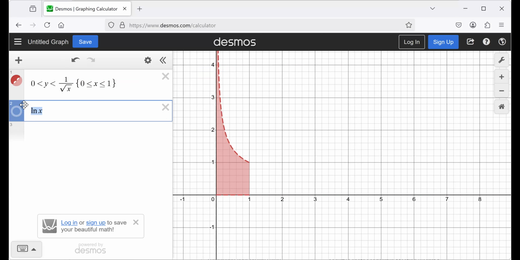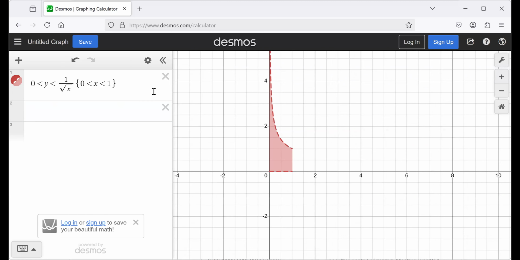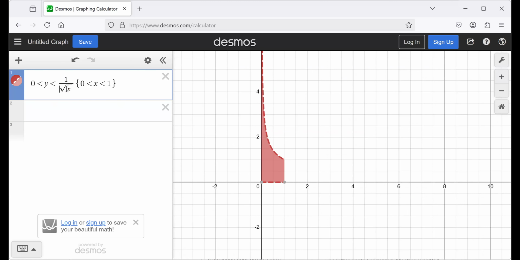And one thing we're seeing, well, once we've verified that this limit does exist, it's basically impossible to just look at a graph and know the answer to this question. You know, this region and this region obviously look very similar, but one of them has a finite area and one of them has an infinite area.